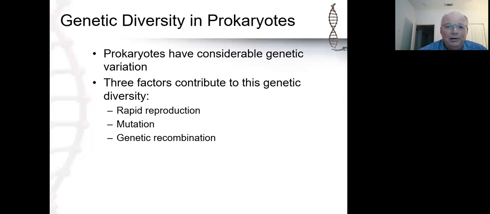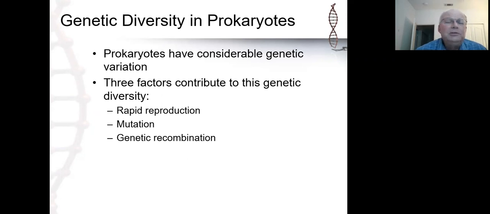So how do prokaryotes get genetic variation? Well, remember, they do have the ability to reproduce very rapidly. So once a particular prokaryote develops an advantageous mutation, it can get transmitted to a large number of individuals in the population very quickly, simply by asexual reproduction.